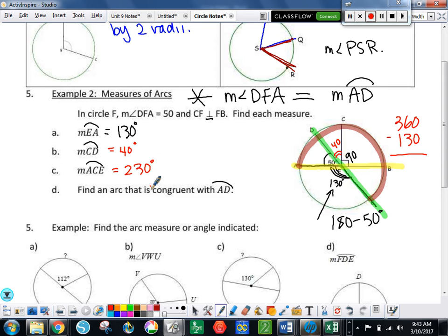Somebody else can figure out this more than one way. Erin, what did you do? I just added 50 to that. How do you know that's 50? Because 50 plus 130. Good. Anybody else have another reason why this is 50?